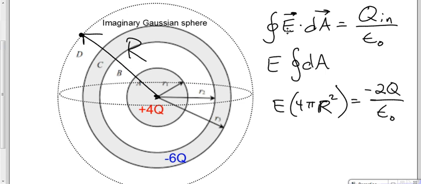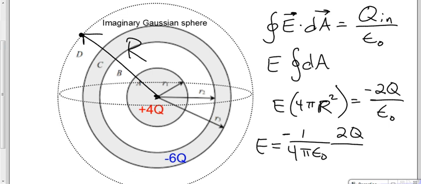And then if we do a little algebra, solving for E, we get 1 over 4 pi epsilon sub naught, 2q with a negative sign, put the negative out here, over R squared. Now I've put the symbols in slightly different places, but I did that on purpose so that you could see, we recognize that as the symbol for k that we use, the electrostatic constant.